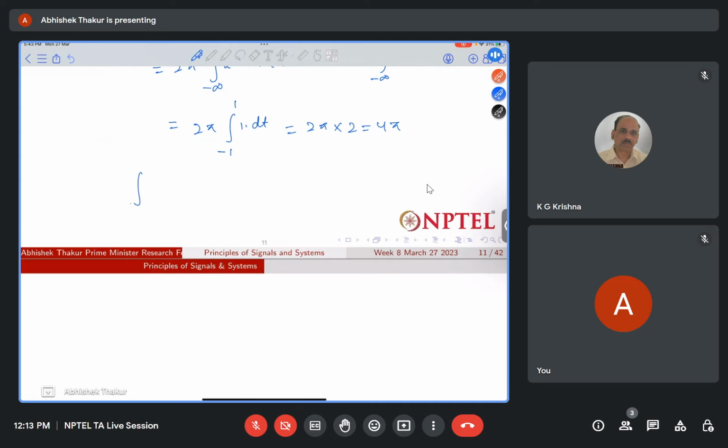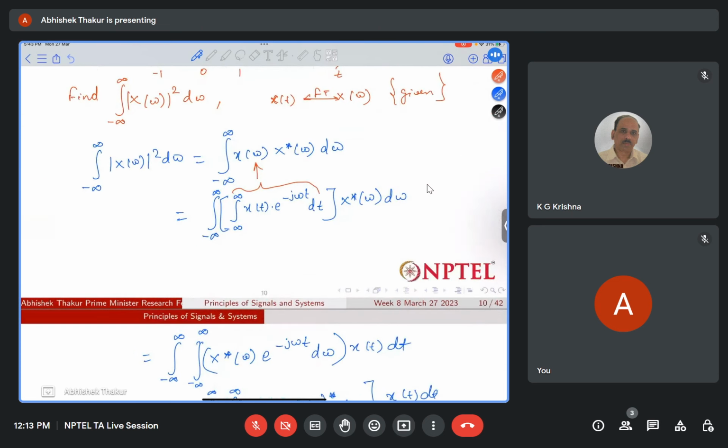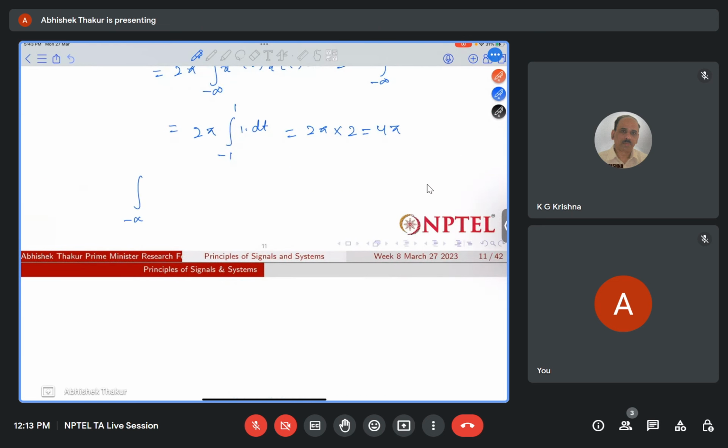So the final answer is that the integration of mod of X(omega) squared d omega is equal to 4 pi. This is a simple way to solve this question: first we transformed into x(t) and then solved it.